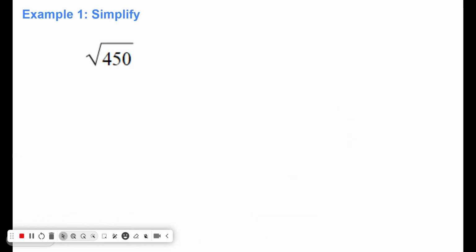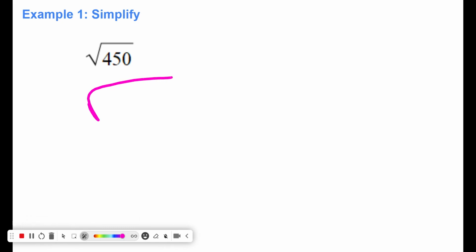Example number 1, let's simplify the square root of 450. This one again, 45 times 10; you've got to just start using those like multiplication tables in your head and see what's going to work out. Does 25 go into that? Yeah, probably, but I happen to know that 225 is a perfect square.